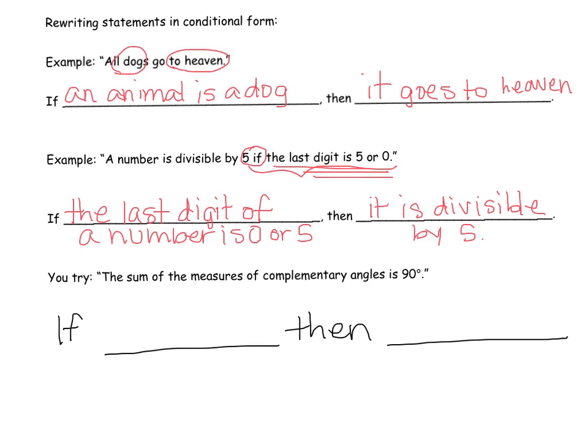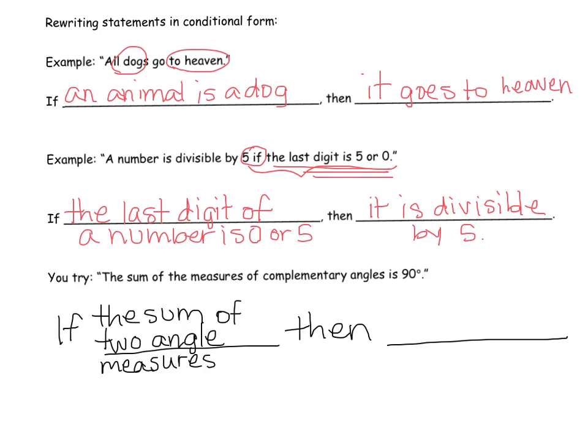Let's see. The sum of the measures of complementary angles is 90 degrees. So if the sum of two angles, or two angle measures, is 90 degrees, then the angles are complementary.